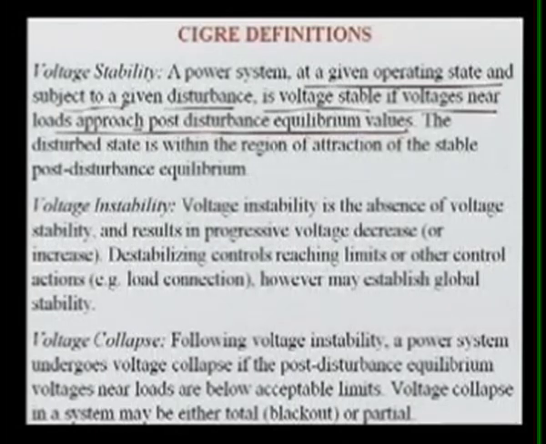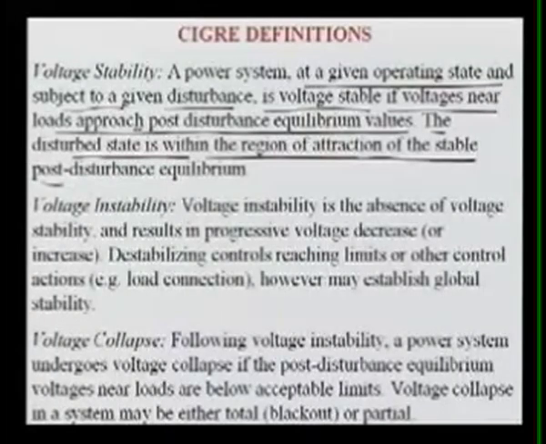Means if voltages near loads approach post disturbance equilibrium values, the disturbed state here is within the region of attraction of voltage post disturbance equilibrium. I will again come to the various terms here, just we are using the region of attraction. It looks like something new term, will be again later on we will see.